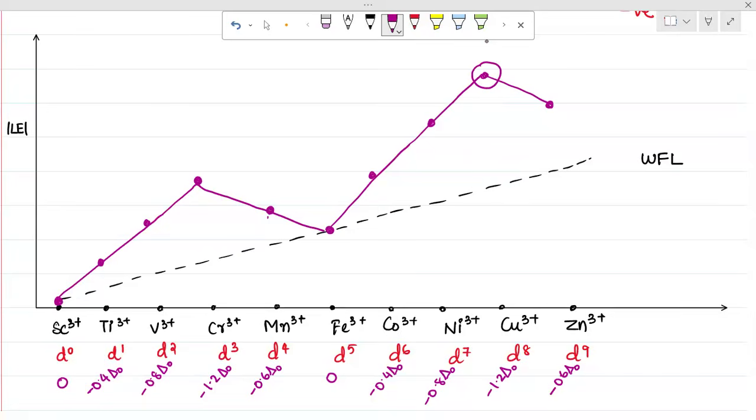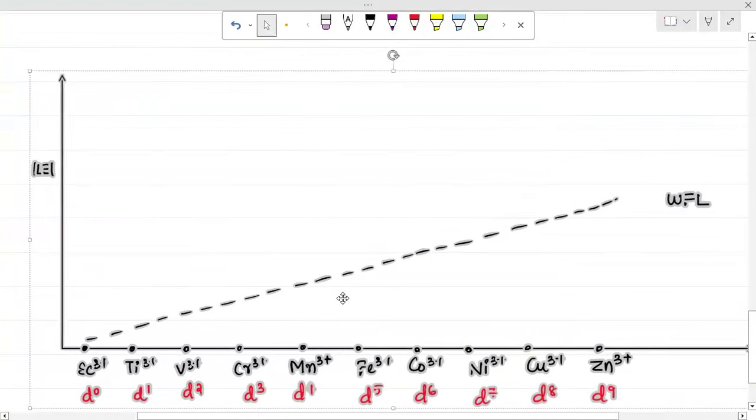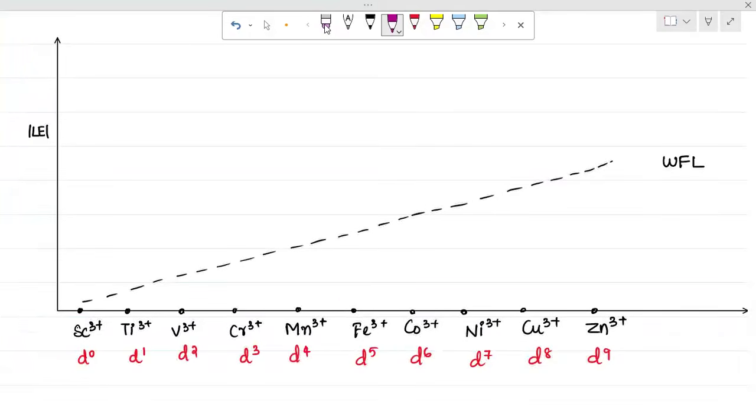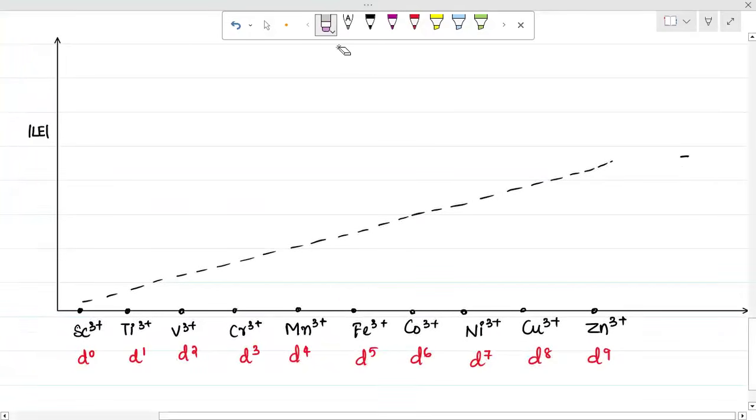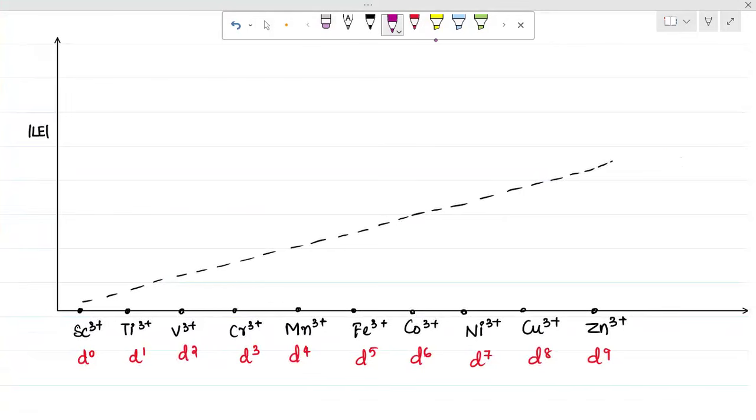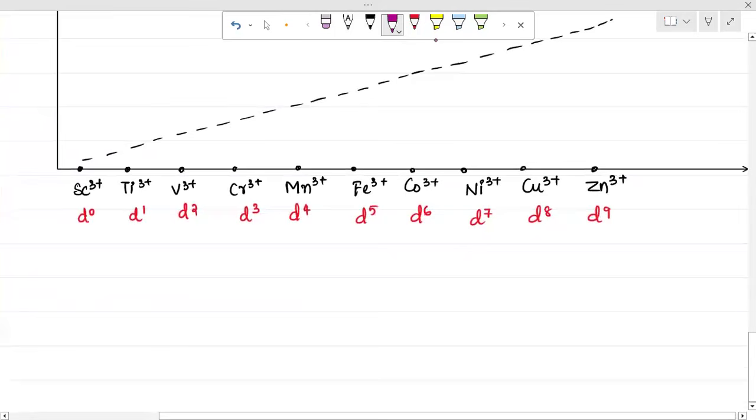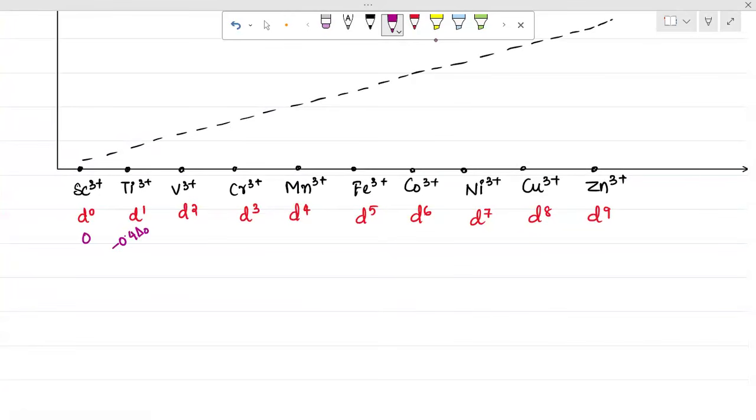Now, along with this in Huheey, they have plotted another plot wherein the lattice energy is depicted for these species with a strong field ligand. You try that as well. When you have a strong field ligand, you can understand that the t2g eg gap will be huge. And now the CFSEs would be different. How different? This would be 0. This is minus 0.4 delta O. This is minus 0.8 delta O. This is minus 1.2 delta O. Here, be careful.